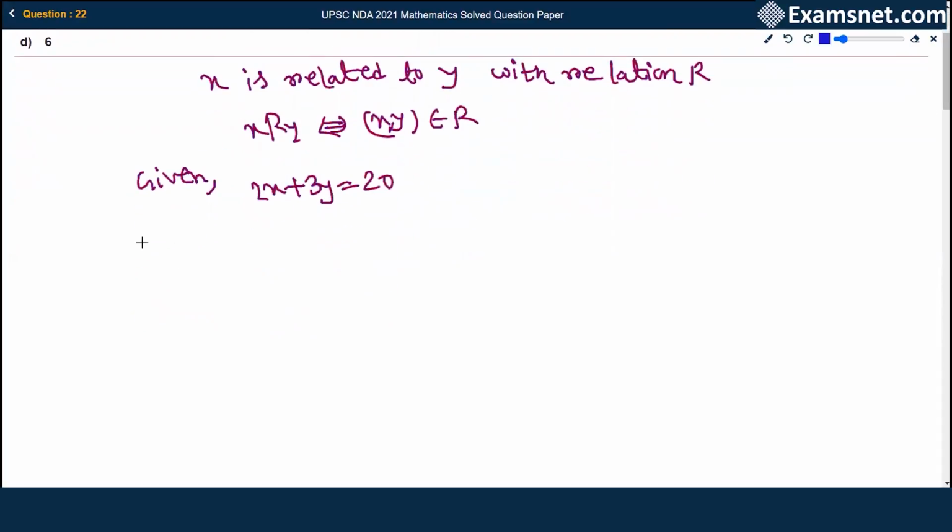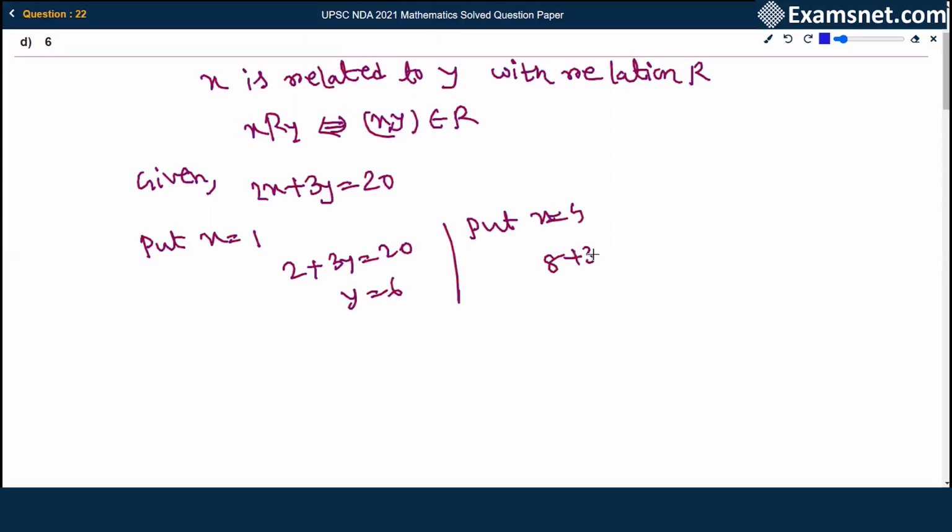That means we have to get the values of x and y in counting numbers, in natural numbers. If we put x equals 1, it becomes 3y equals 18, y will be 6. Now if I put x equals 4, it will become 8, 3y equals 12, y equals 4, and put x equals 7, 14, 3y equals 6, y equals 2.